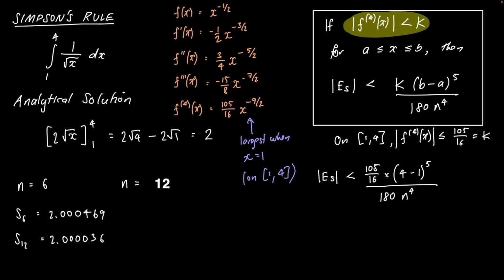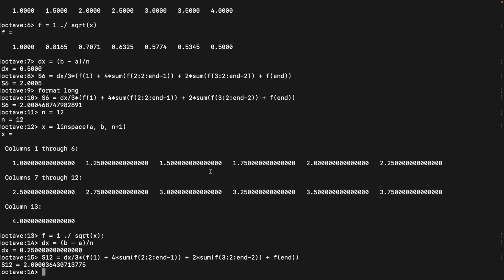All right, so let's figure out what those numbers are for n equals 6 and n equals 12. So n equals 6. Just going to type that in the computer, and I will get 105 over 16 times 3 to the 5 divided by 180 times 6 to the 4.